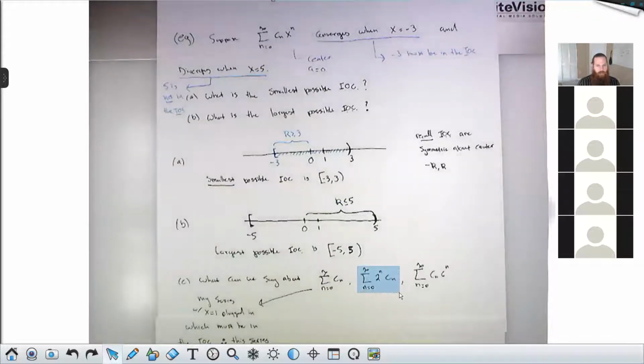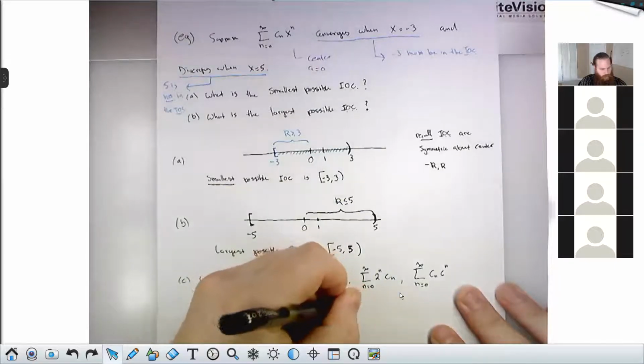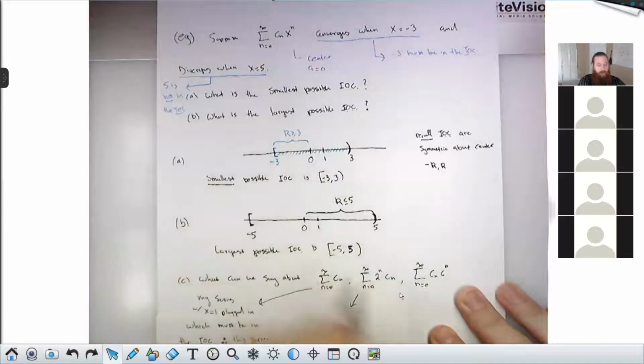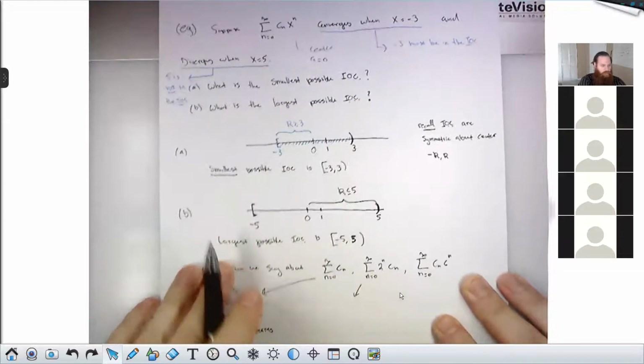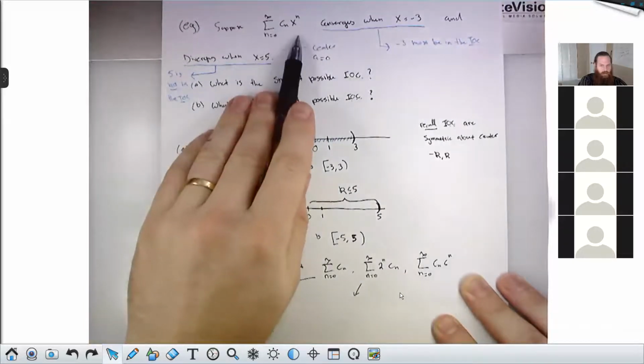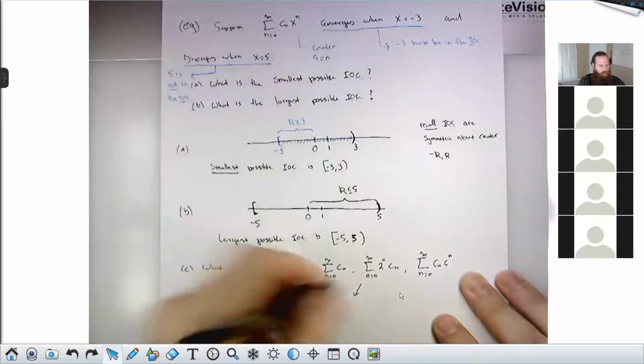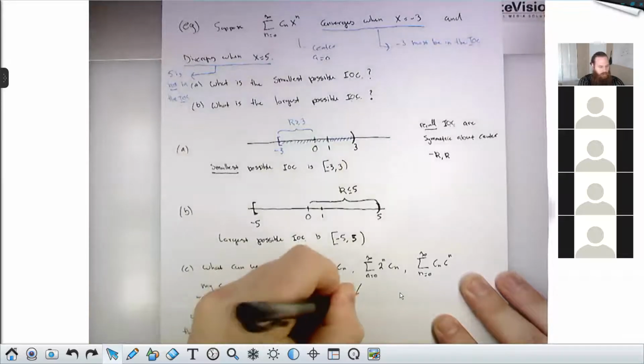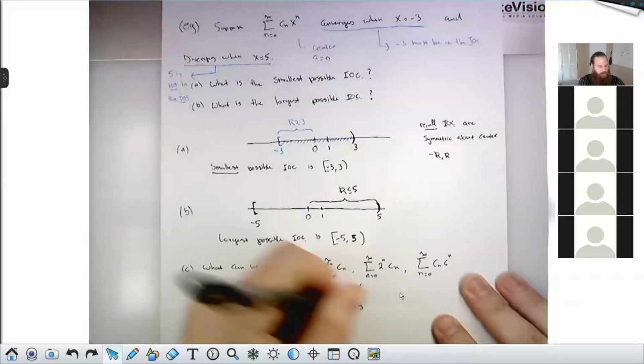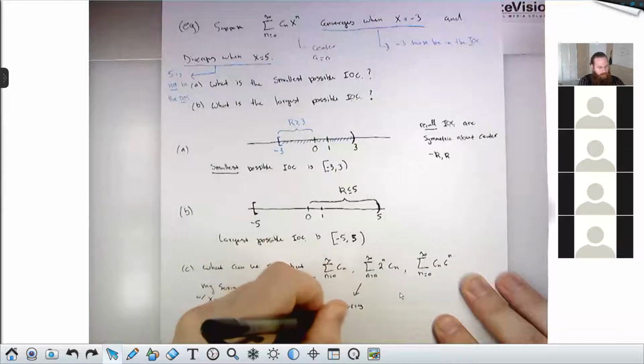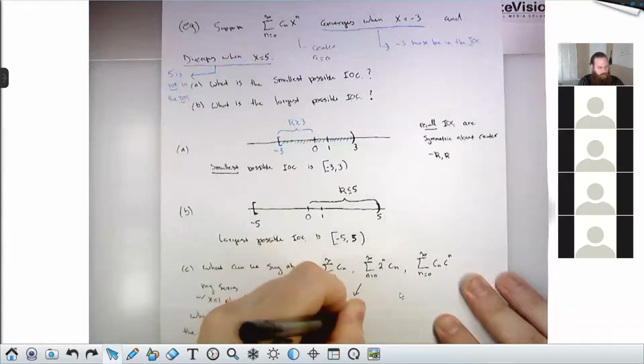What can we say about the second series here? Would x be 2 to the n? X here is just 2, because this has an x to the n, and this has a 2 to the n. So this is my series with x equals 2 plugged in.